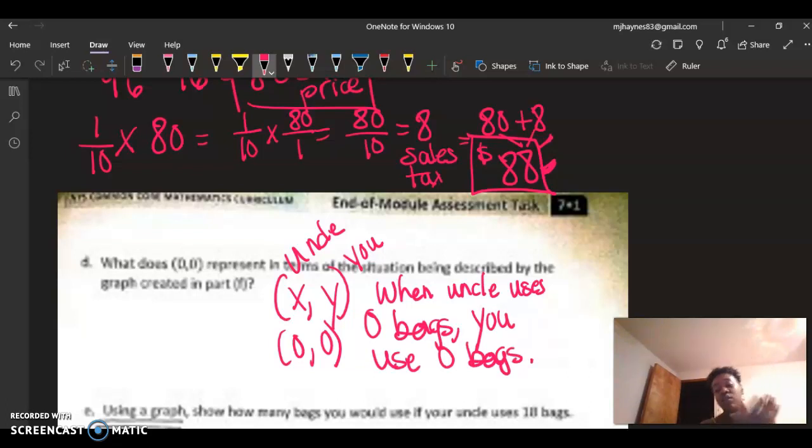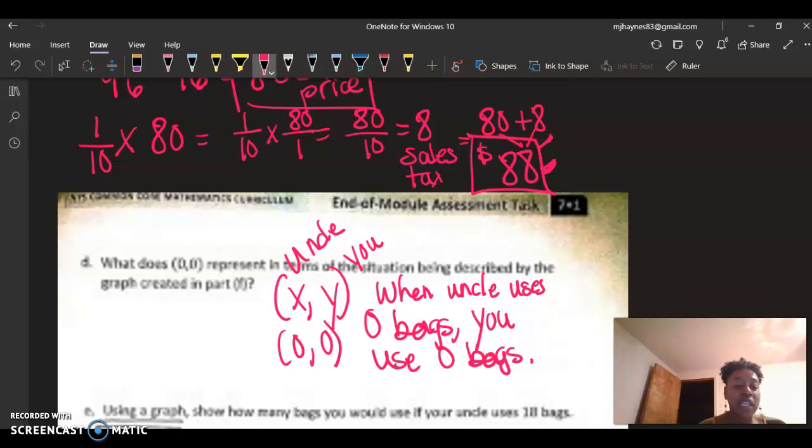And you want to be particular. You want to talk about uncle and you want to talk about you. I did give points for people saying it means no bags were used by anyone, but be specific and talk about each variable. When uncle uses no bags, I don't use any bags. And it is the starting point, but you want to make sure you talk about both variables, uncle and you.